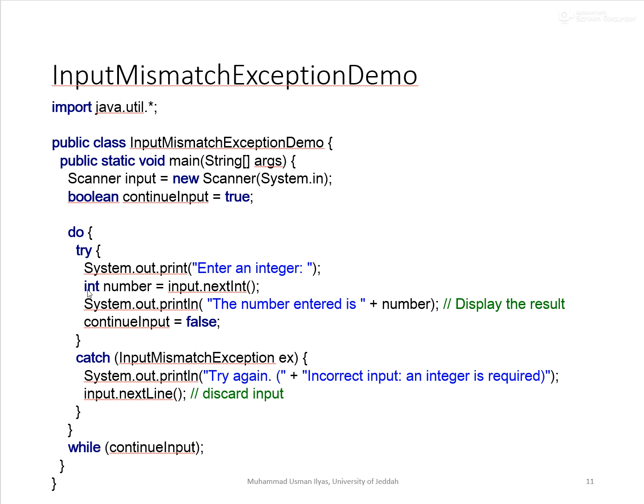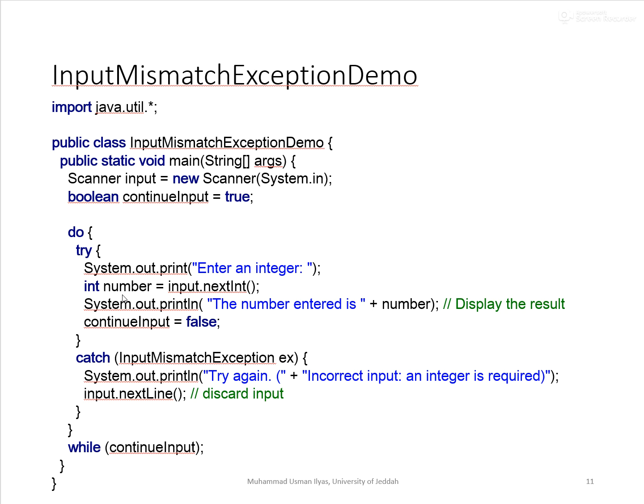Now, notice over here, I should mention, we're not doing division in here. Basically, we're using the nextInt method of the Scanner class, which means we're expecting to receive an integer from the command line.